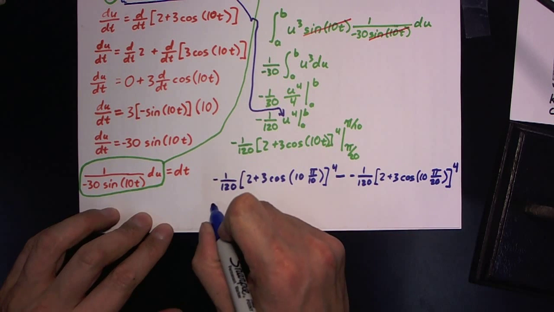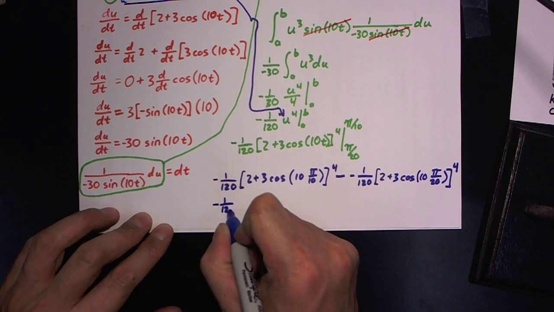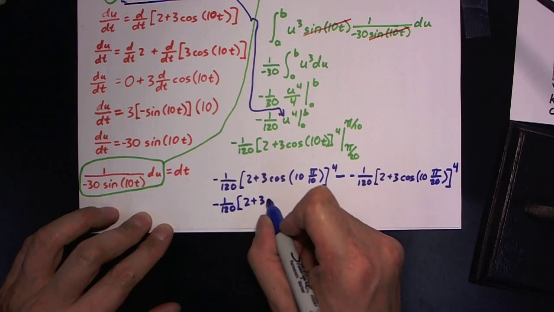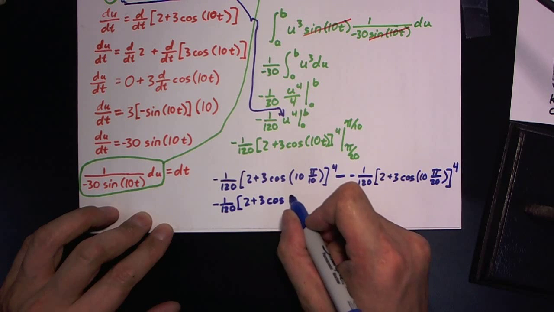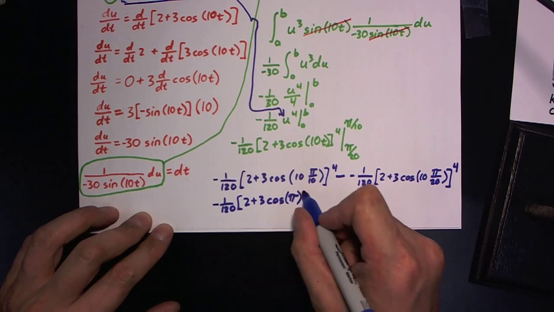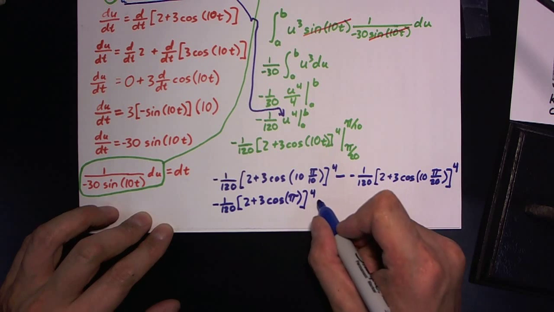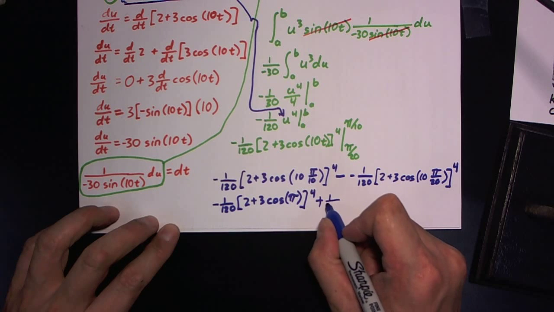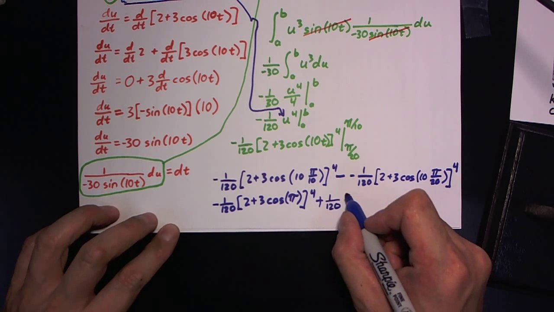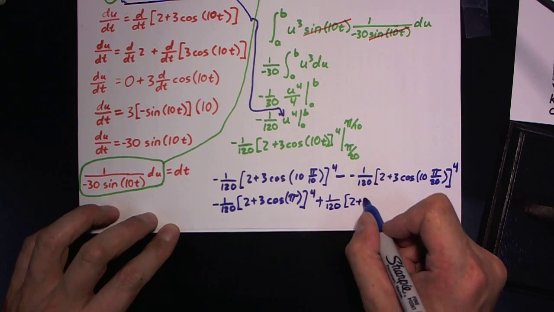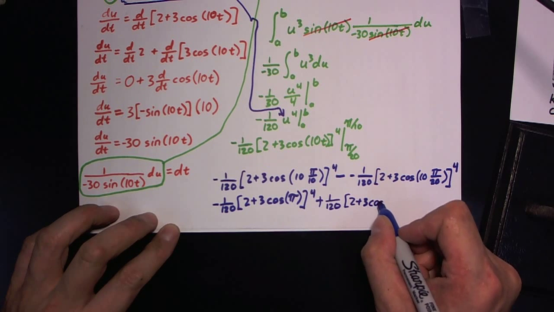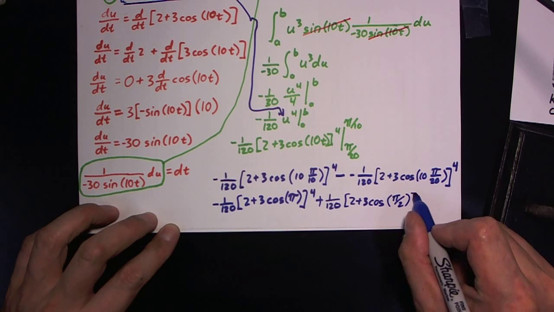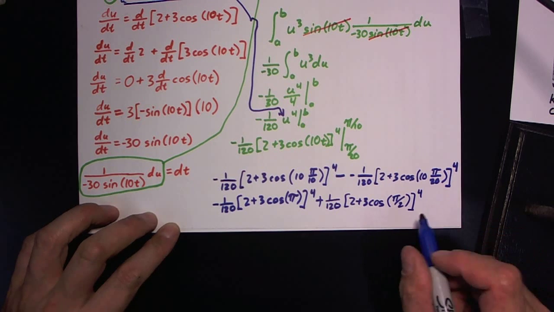So what we get is negative 1 over 120 times the quantity 2 plus 3 times the cosine of pi. All of this stuff in the square brackets is raised to the 4th power, plus the two negative signs become a plus sign. 1 over 120 times the quantity 2 plus 3 cosine of the quantity pi divided by 2. All of that raised to the 4th power.